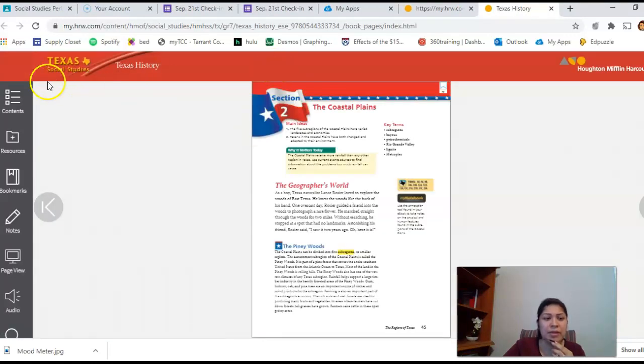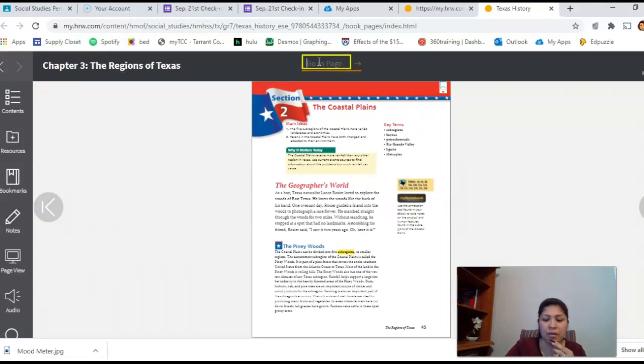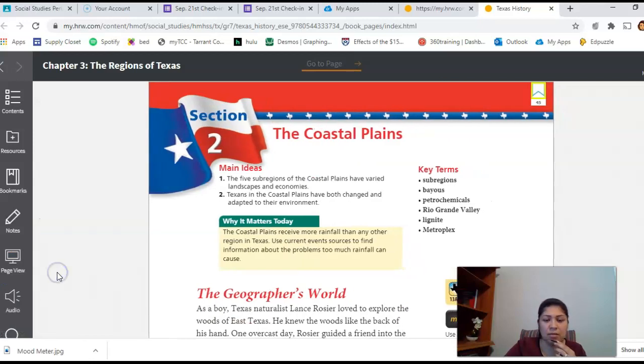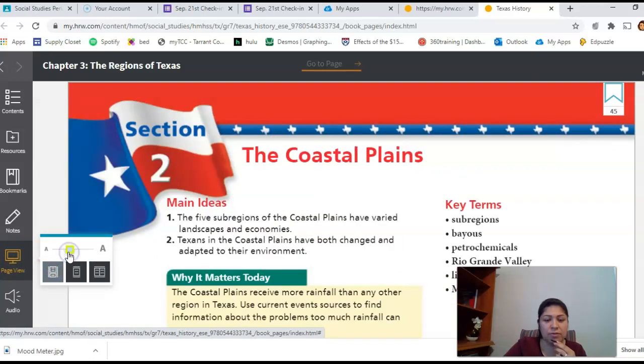For 7th period, we're on Texas history. Double click on the top, page 45. I'm already there, so here it is. You can enlarge the page by clicking on another icon, and if that's not enough, just drag to the left or to the right and it'll expand it even more. And you can have it read to you as well.